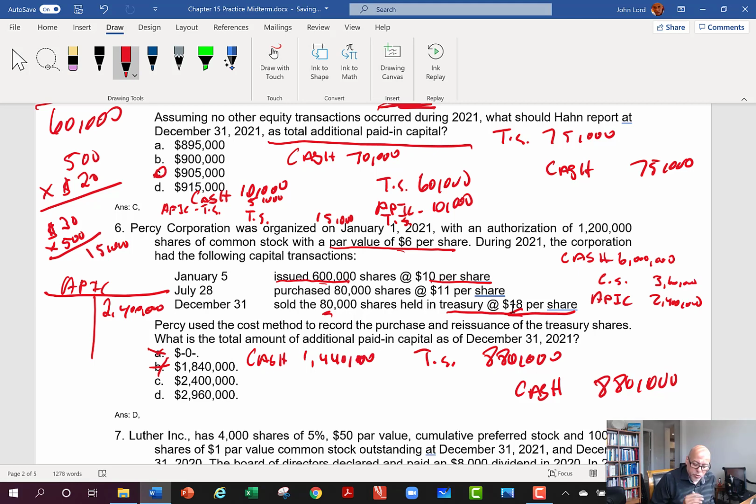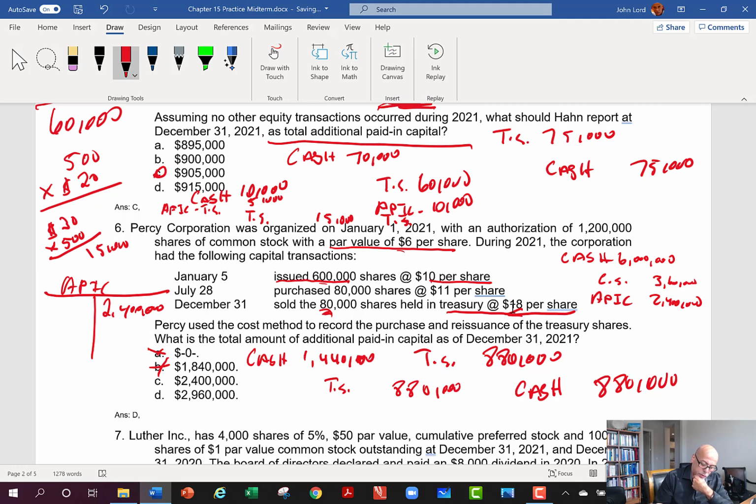But I have to bring those treasury stock shares out at their original price, right? And so I'm going to credit the treasury stock. Since it was all 80,000 shares, I know all of that has to come out at 880,000.